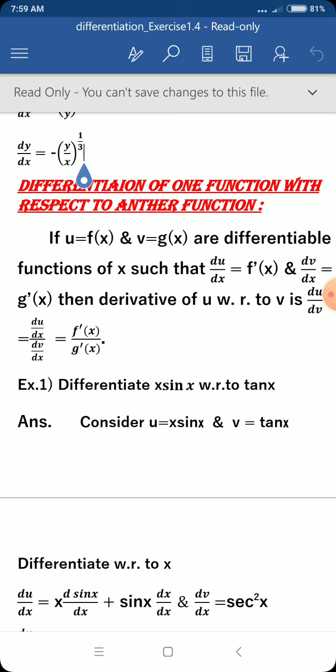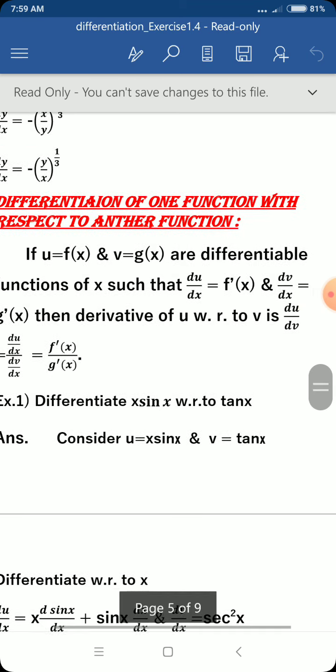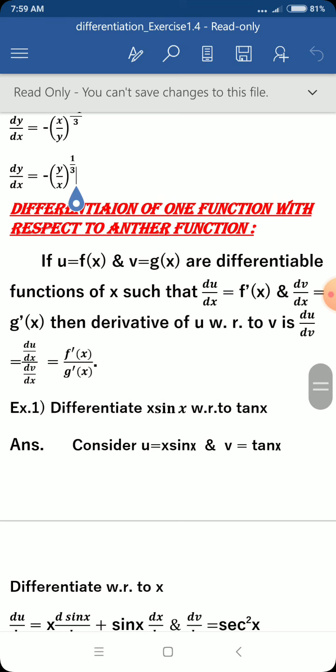Here, if u equal to f of x and v equal to g of x are differentiable functions of x, taking the derivative of these two equations, we get for the first equation du upon dx is equal to f dash of x, and for the second equation the derivative is dv upon dx is equal to g dash of x.